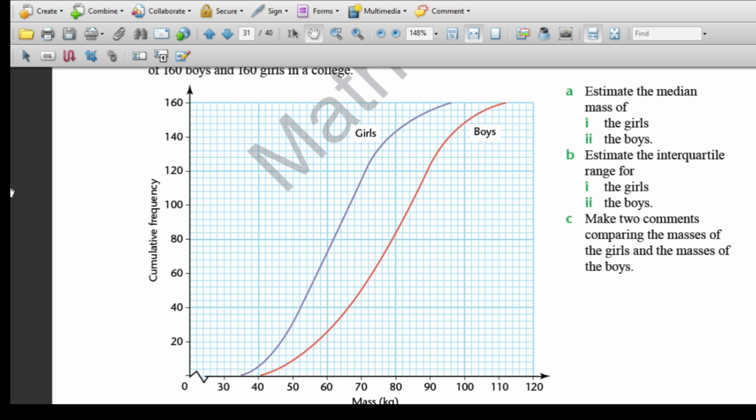Similarly for the interquartile range, at 40 and at 120, the difference can be read from here. Similarly for this 40 and for 120, we can get the interquartile range for the boys.